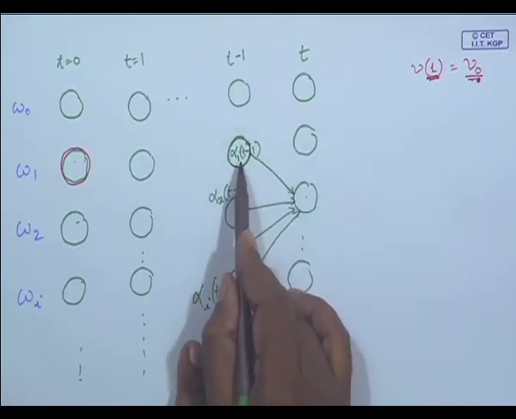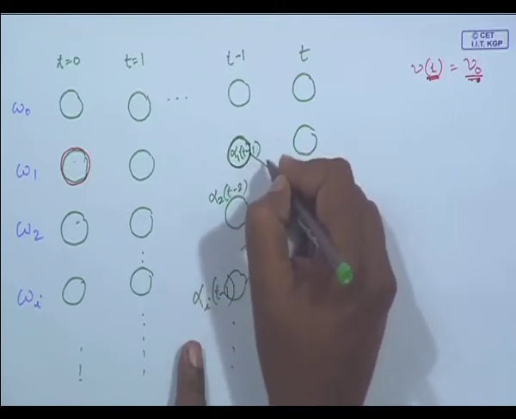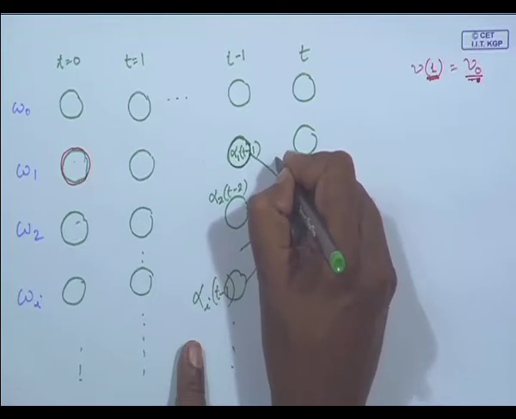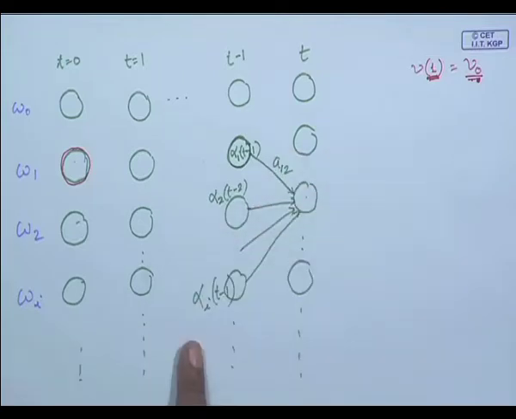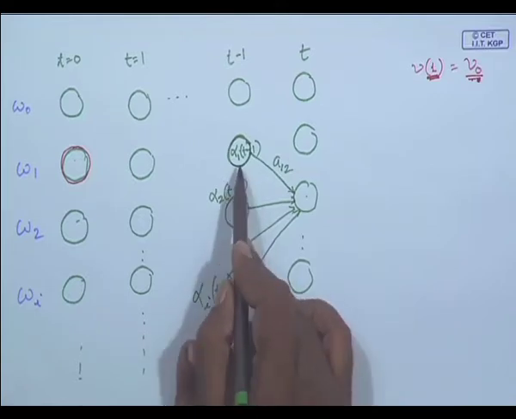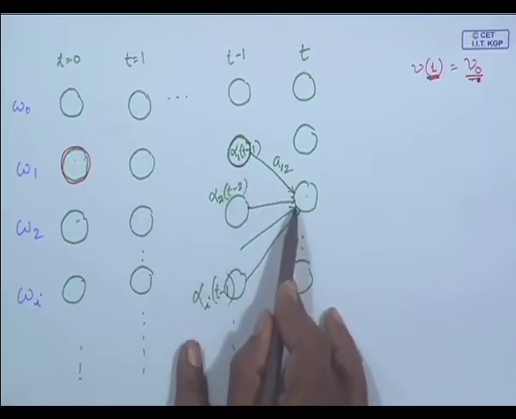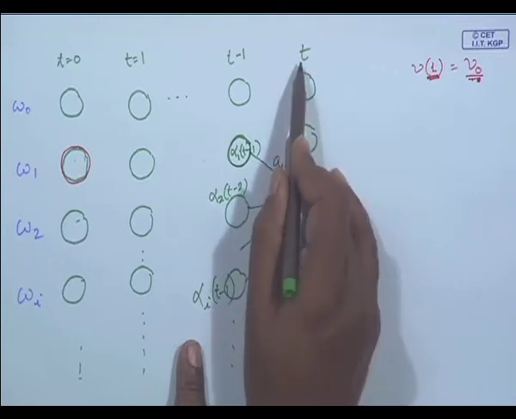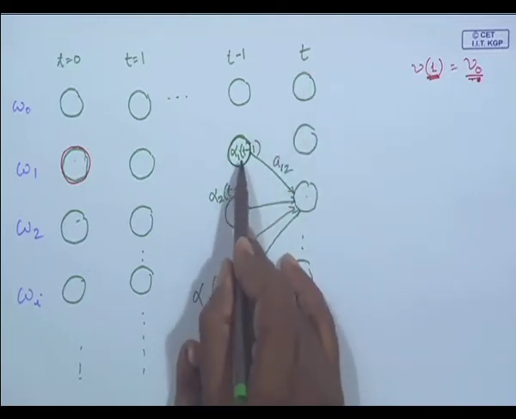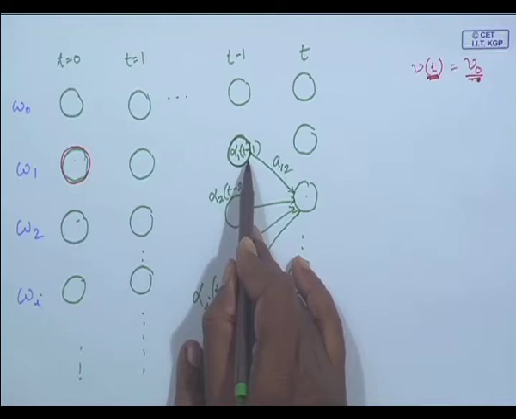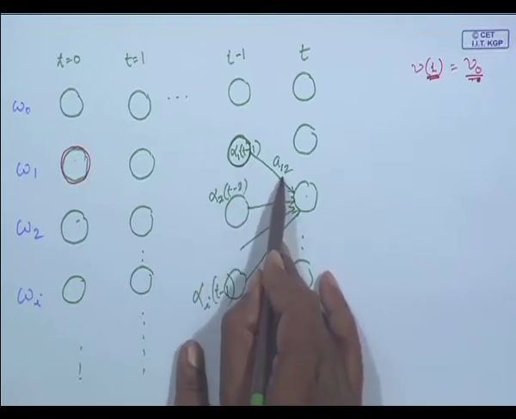Then I also know the probability that the machine will make a transition from omega 1 to omega 2, which is given by the transition probability a12. So, the probability that the machine can make a transition from omega 1 to omega 2 in time step t is given by alpha 1 (t minus 1) into a12.